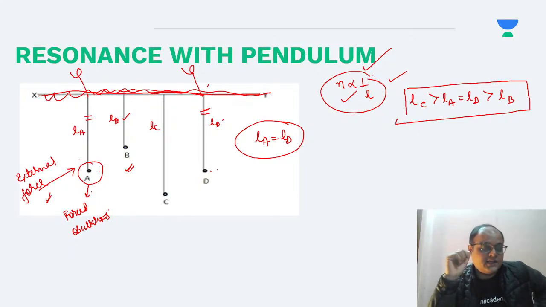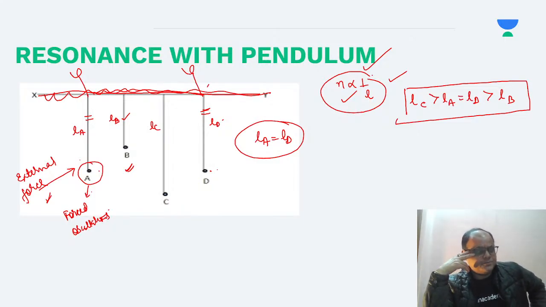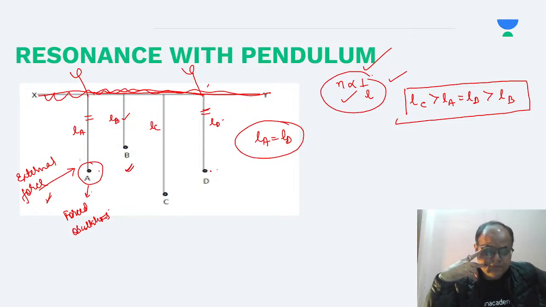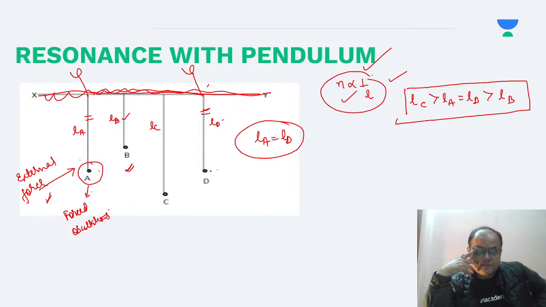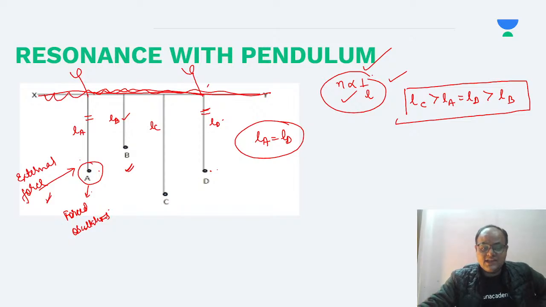This is a common mistake that most of you make. And one more thing, like Akshat asked in one of the sessions, sir, what will happen to pendulum B and C? Yes, pendulum B and C will also vibrate. There's no second thought about this, but their amplitude will be very, very small. Why? Because they are under the influence of forced vibration. And one more thing, if the length is very large, the frequency will be less.